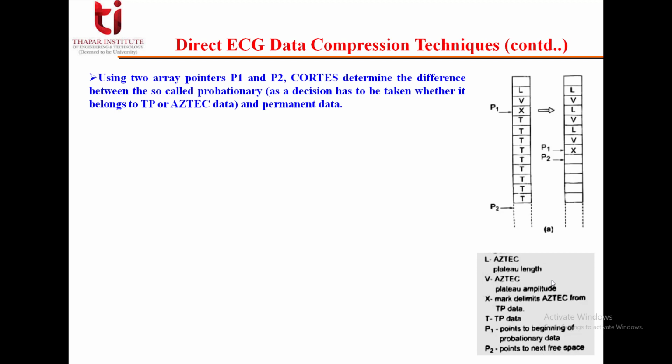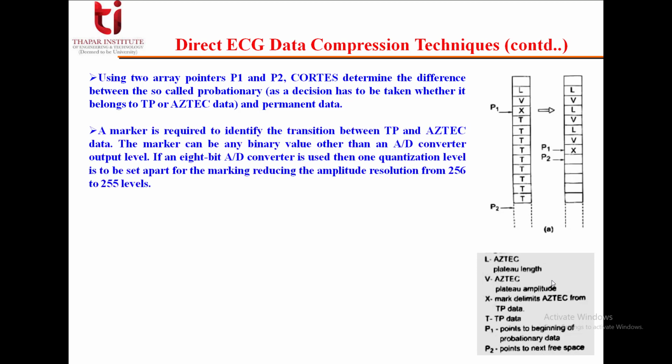We have two array pointers, P1 and P2. By using these two array pointers, CORTES determines the difference between the so-called probationary data, called that because we have to decide whether it belongs to TP or AZTEC data, and the permanent data.